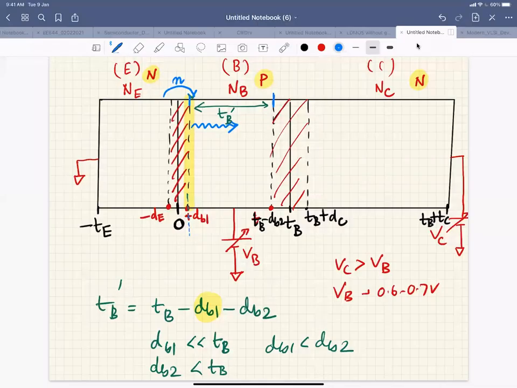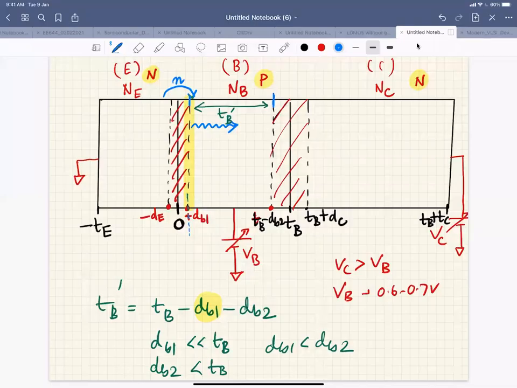So during this diffusion, there is a possibility of recombination. So some of the electrons here will recombine. The moment the electrons recombine, that means some holes are also neutralized, because the electrons will recombine with the majority holes in the base, right? So the holes are depleted, because the moment recombination happens, some holes are neutralized.